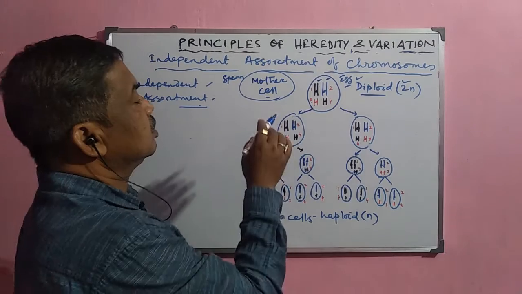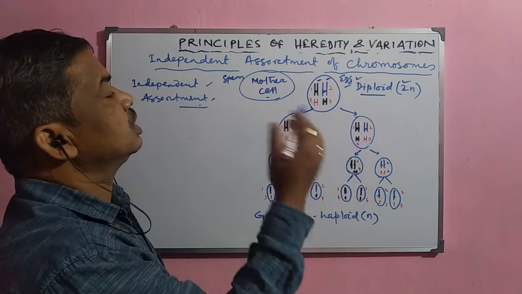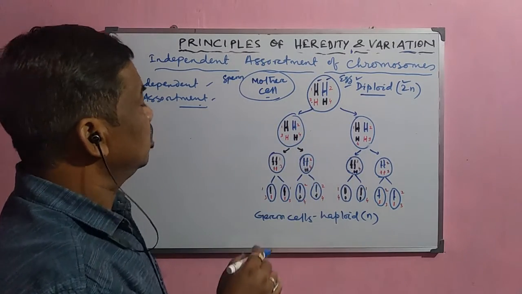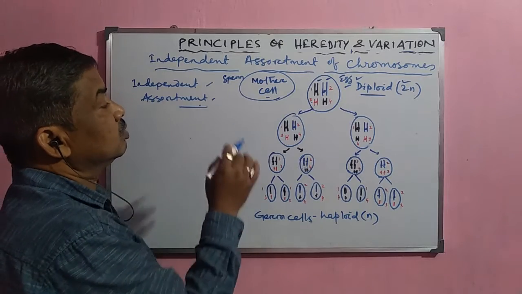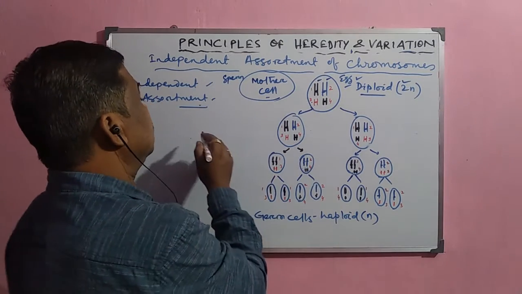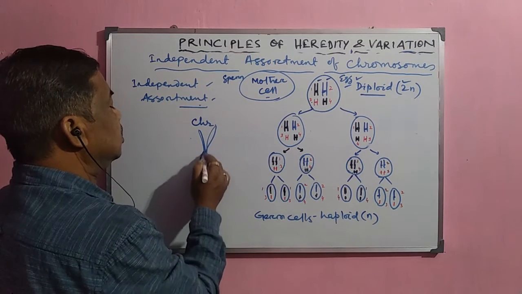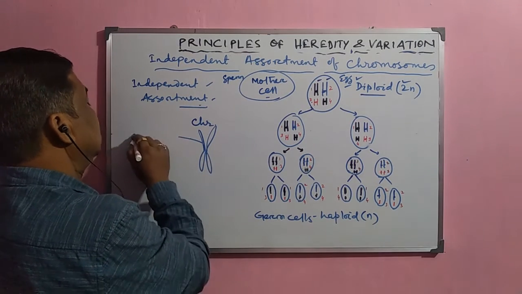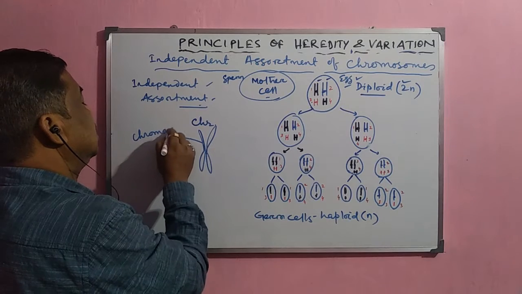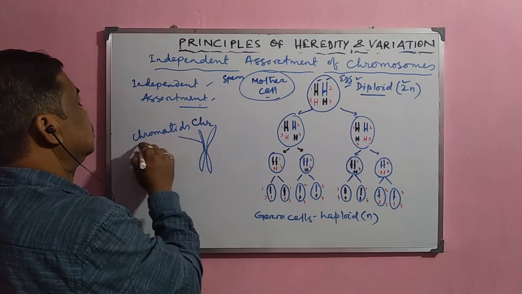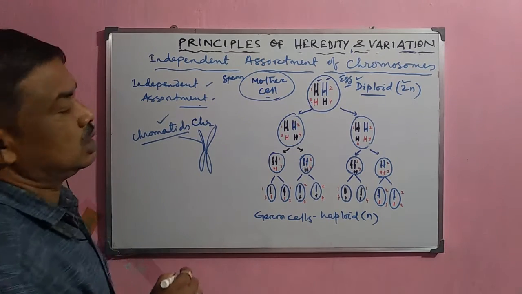Of course, these chromosomes contain the dominant and recessive genes, but that is a separate thing. Here, each chromosome, suppose this is one chromosome, has 2 chromatids, and each chromosome consists of 2 chromatids.